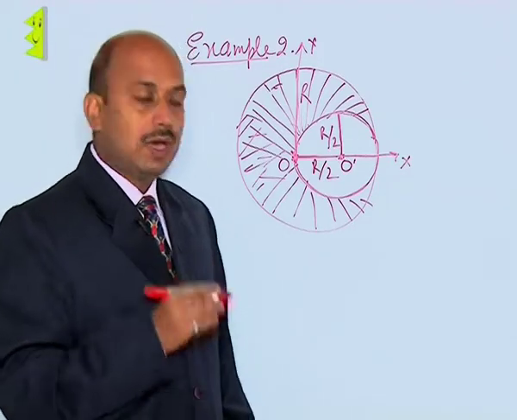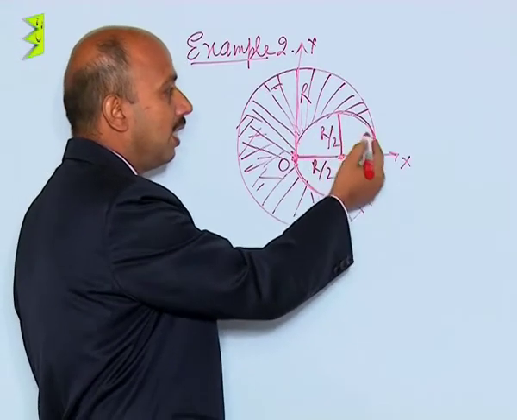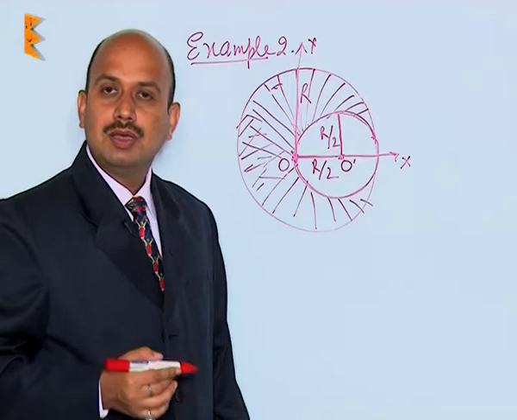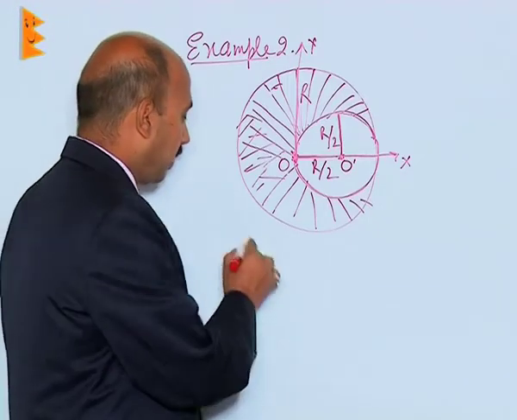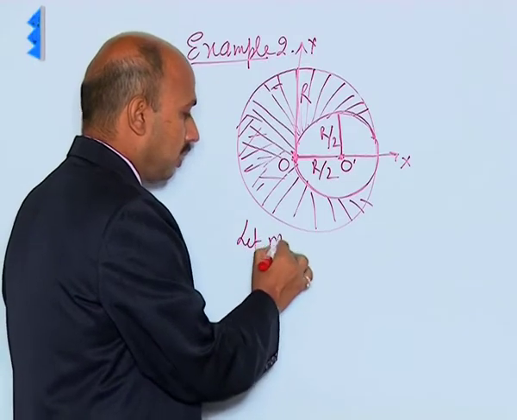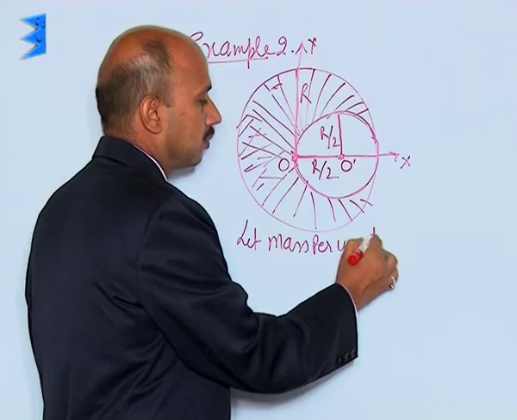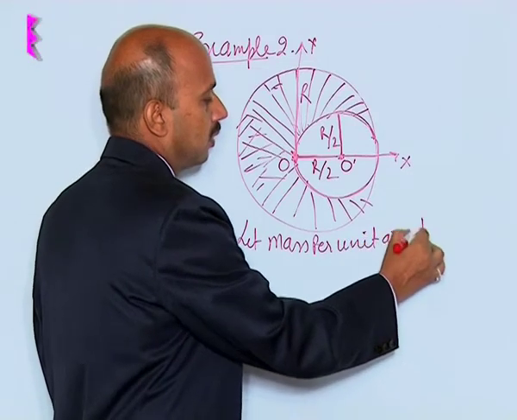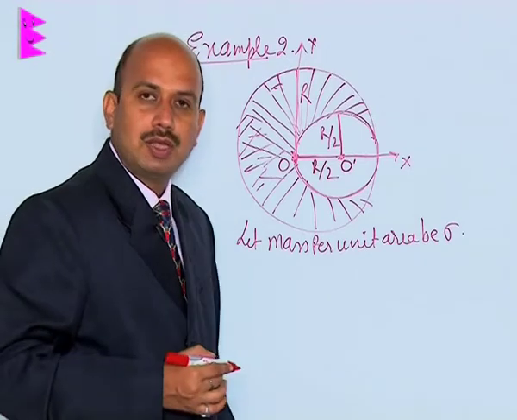So, for calculation of the position of the center of mass for the remaining disc, first we have to write the masses of the bigger original disc and this smaller disc which has to be removed. So, first we have assumed mass per unit area to be sigma.